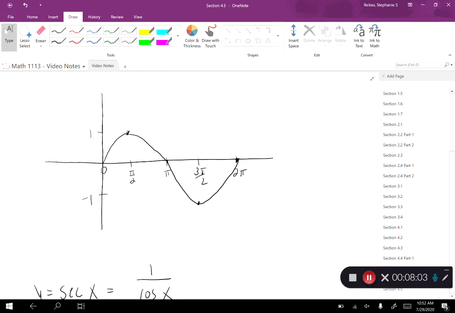So I went ahead and graphed sine x, and then I'm going to put the pieces together for what cosecant actually looks like. So again, cosecant, I can't have a 0 in the denominator, so everywhere I see a 0 in my sine graph, so here at 0, pi, and 2 pi, I actually have vertical asymptotes. So I'm going to have a VA at 0, pi, and 2 pi.